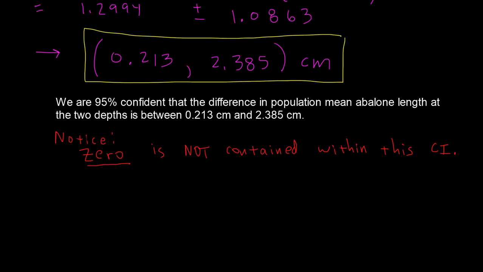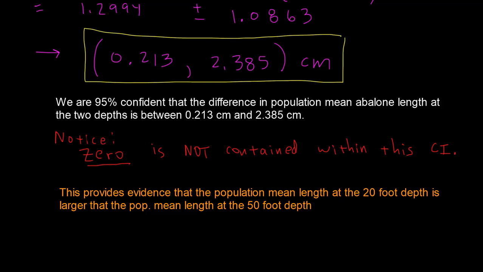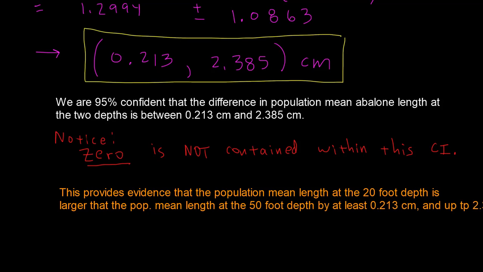Since this confidence interval does not contain 0, this provides evidence that the population mean length in the first population, that's the 20-foot depth, is larger than the population mean length at the 50-foot depth by at least 0.213 centimeters and up to 2.385 centimeters.